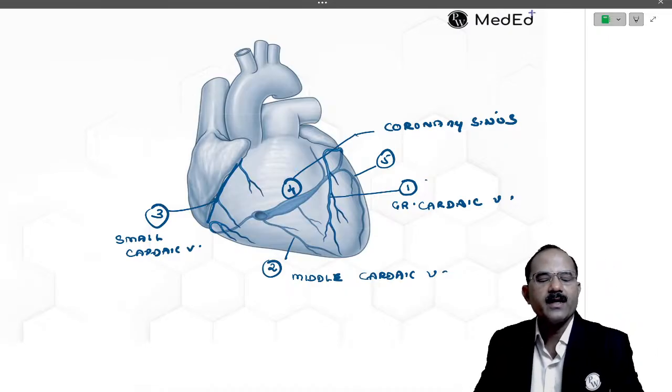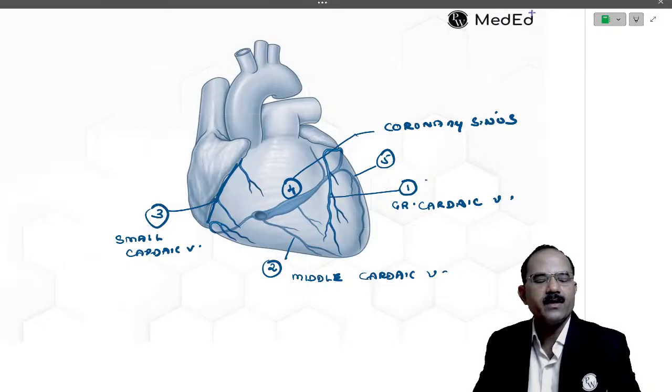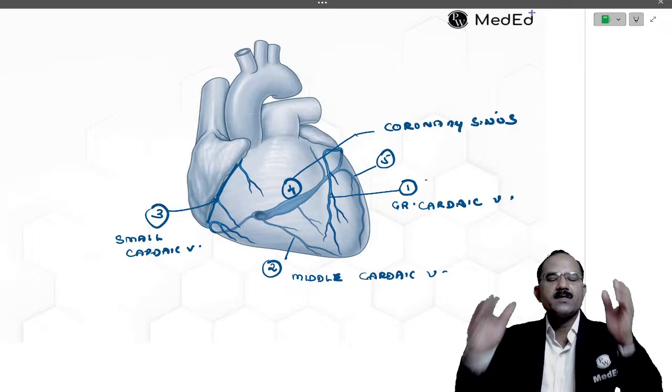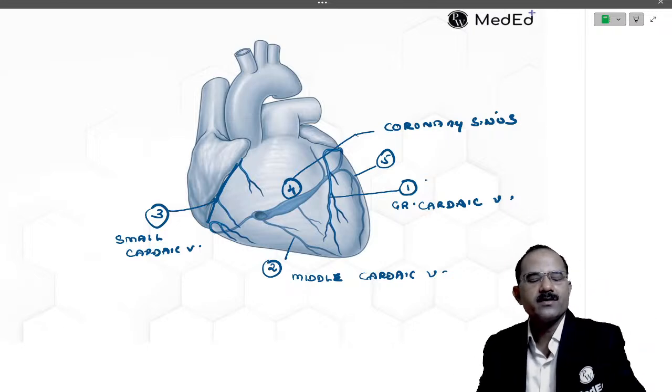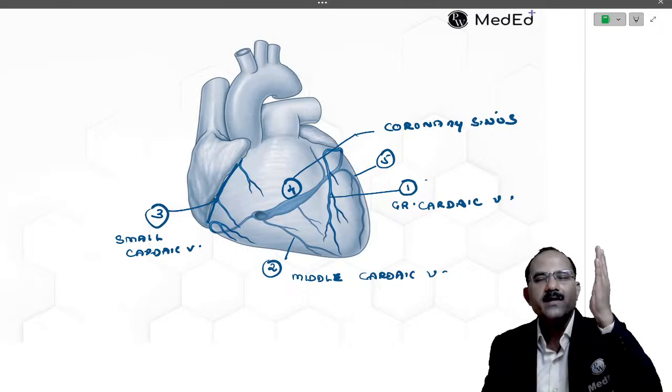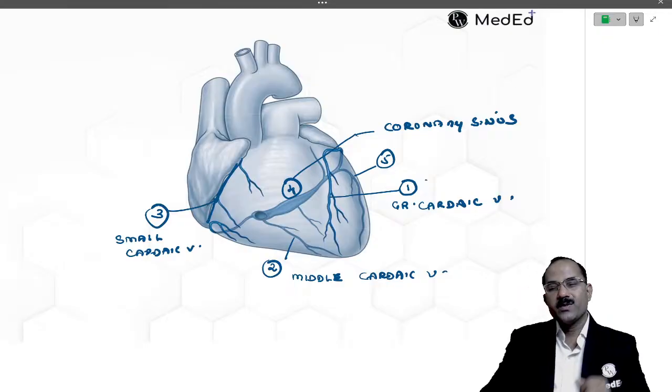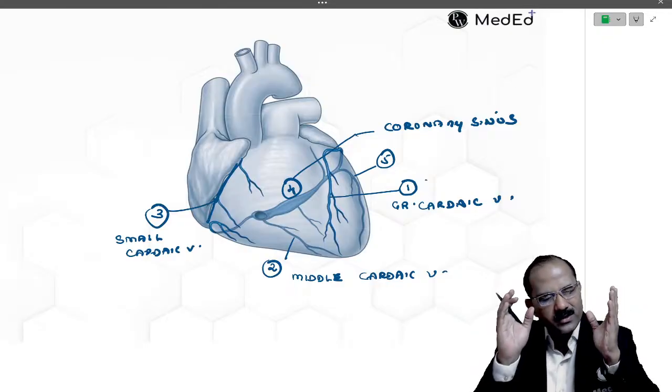The vein which the surgeon encounters in the anterior interventricular sulcus of the heart is the great cardiac vein. Students who are NEET aspirants, if you want, just listen to the lecture.